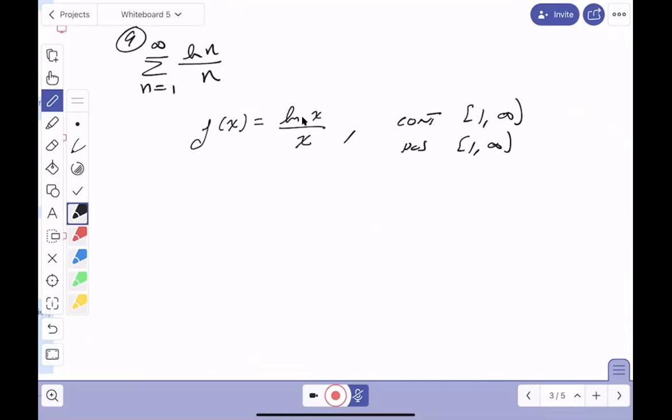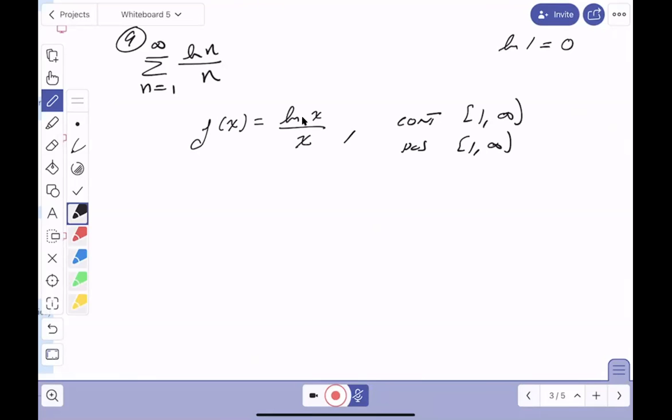The number on top, the natural log of x, well, if we're starting at 1, natural log of 1 equals 0. So when I say positive, there are no negative terms in it. If you thought about the log function, once you get to 1, it goes positive after that.